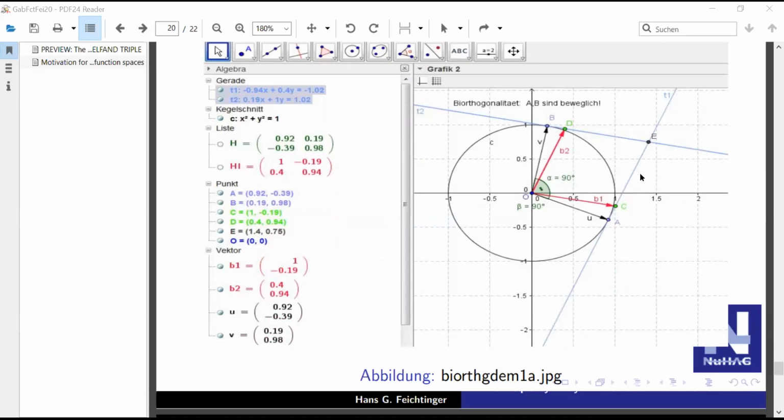In order to show to the students how you can understand the vectors which sit in a 2x2 matrix, so this is the matrix H, I was demonstrating it by taking 2 vectors, I think it's the red vectors, which are sitting on the unit circle. So the construction is make a unit circle, make 2 moving points, and take the vectors as column vectors of a 2x2 matrix. Then the HI is the inverse matrix.